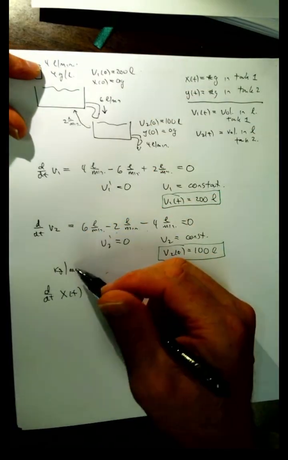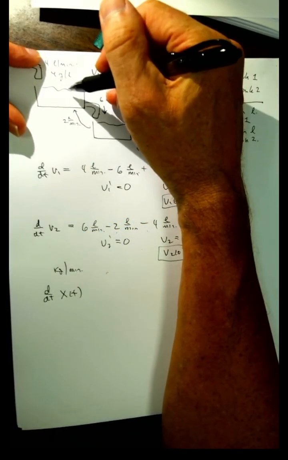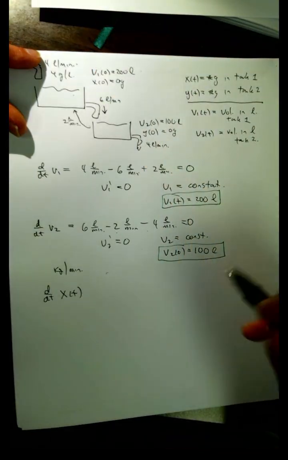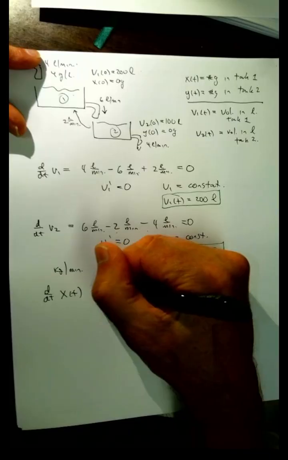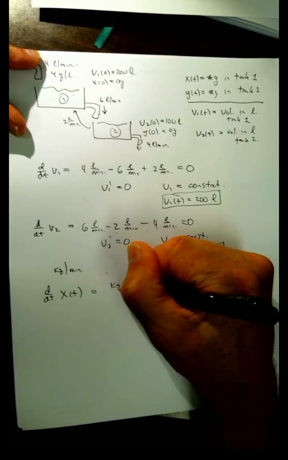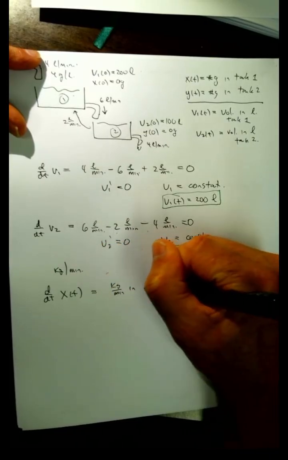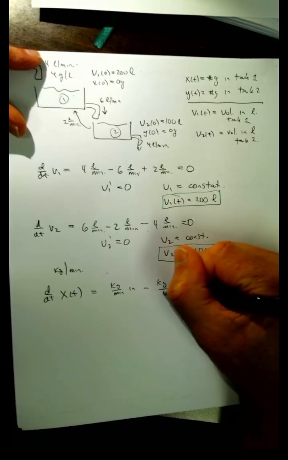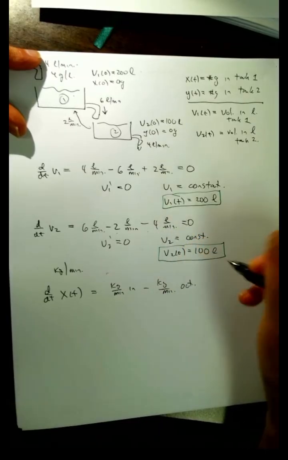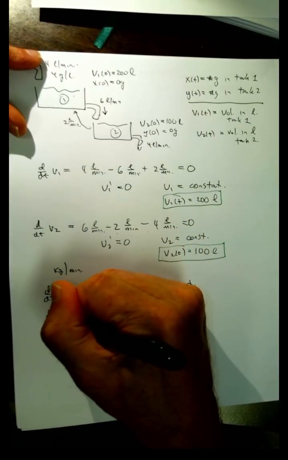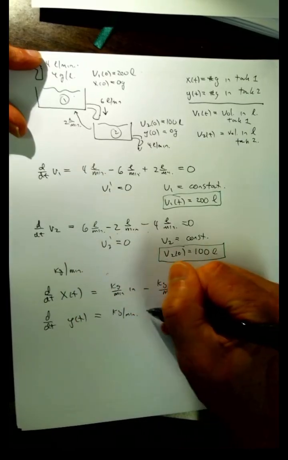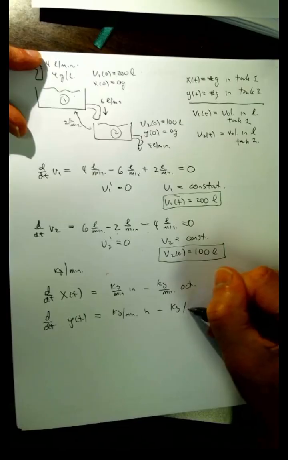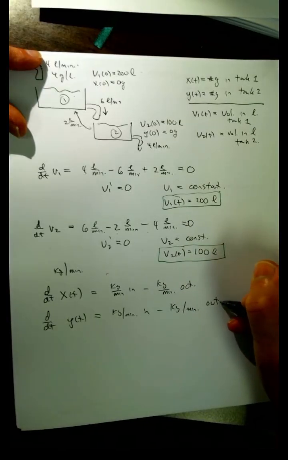So the rate of change of the amount of stuff in tank 1, and this is tank 2, is kilograms per minute. And this is going to be the kilograms per minute in minus the kilograms per minute out. The same thing for tank 2: the kilograms per minute in minus the kilograms per minute out.